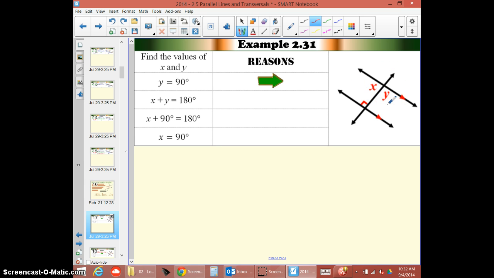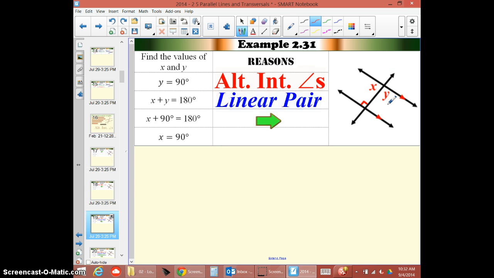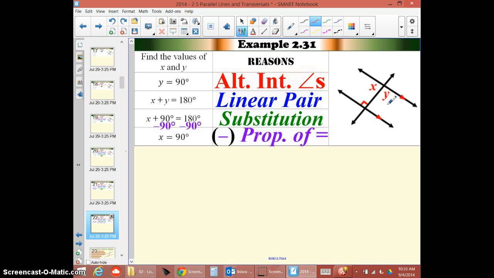So I say that y equals 90 degrees because of AIA. I say that x and y add to 180 because they're a linear pair. And then I use substitution and say y equals 90, so I just replace it. I'm going to subtract 90 over using the subtraction property of equality. There's my proof: x equals 90.